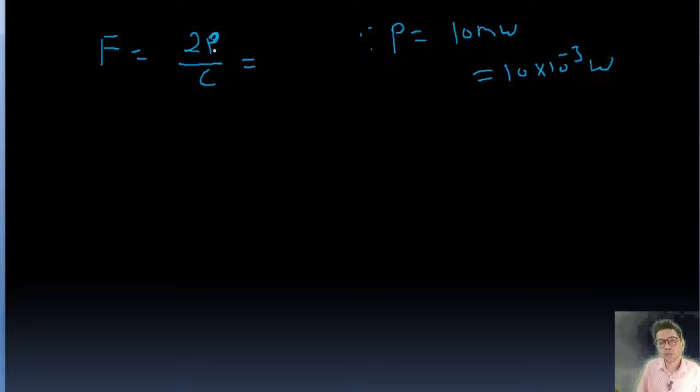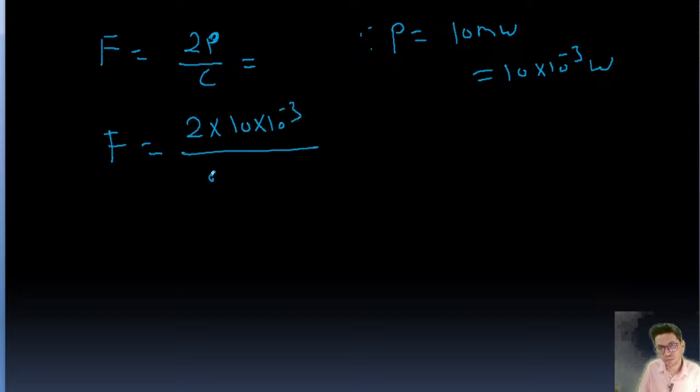So F is going to be 2 into 10 into 10 to the power minus 3 upon c, which is 3 into 10 to the power 8. If we solve it, this is going to be 6.6 into 10 to the power minus 11 Newton.